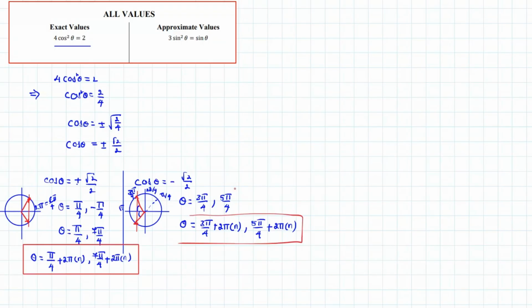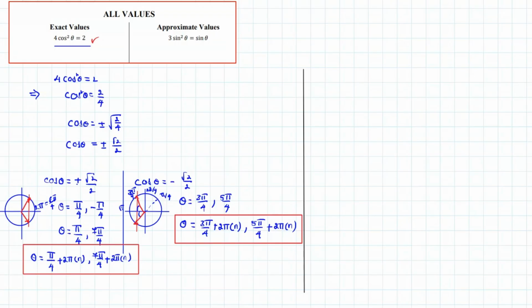So that is 3 sine square theta minus sine theta equal to 0, subtracting sine theta on each side. Now you can see, you can factor the sine theta from these two terms, right? So now you can factor the sine theta here. So that is sine theta times 3 sine theta minus 1 equal to 0.